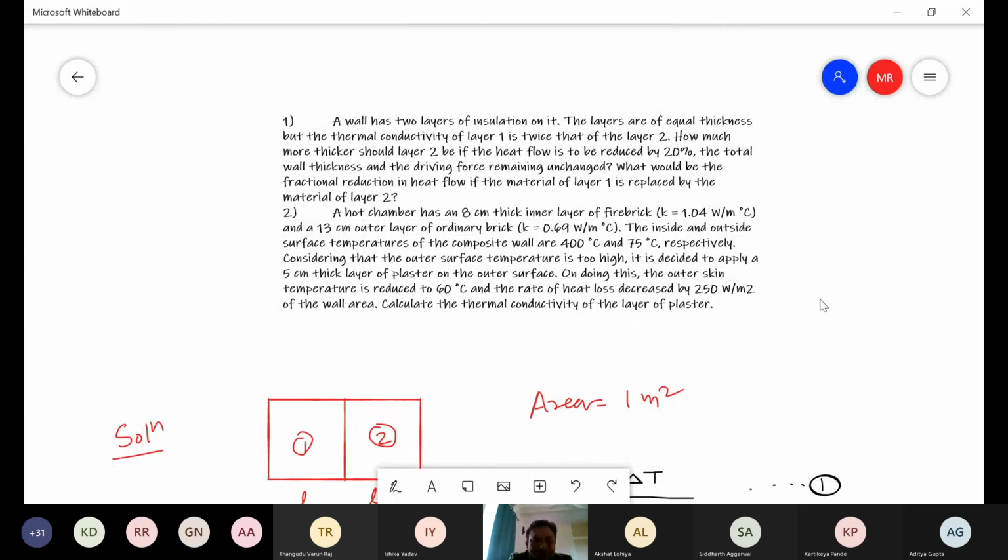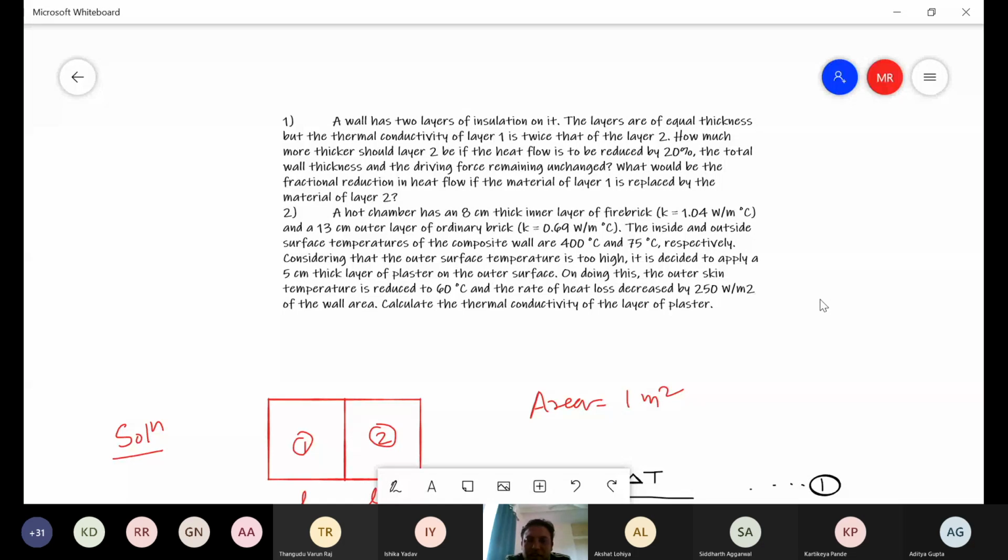Okay. So now the second question is, a hot chamber has an 8 centimeter thick inner layer of fire brick. Thermal conductivity is given as 1.04 watt per meter degree Celsius and 30 centimeter outer layer of ordinary brick. The inside and outside surface temperatures of the composite wall are 400 and 75 degrees Celsius respectively.